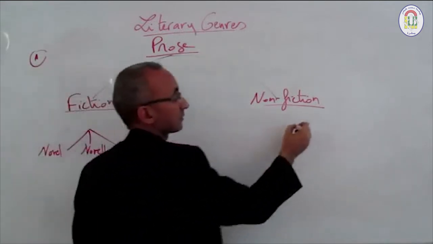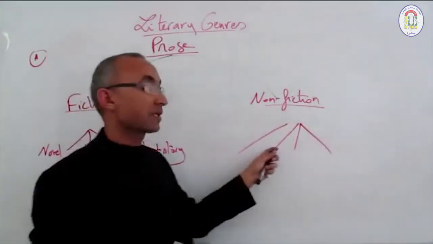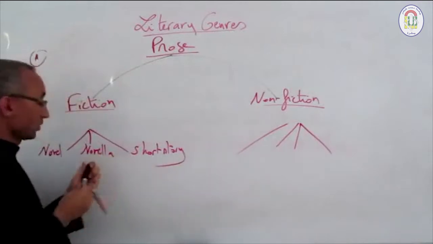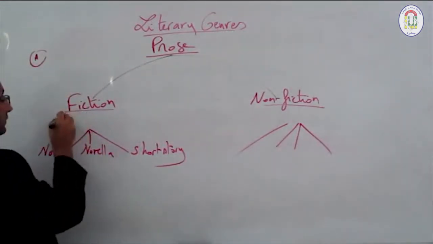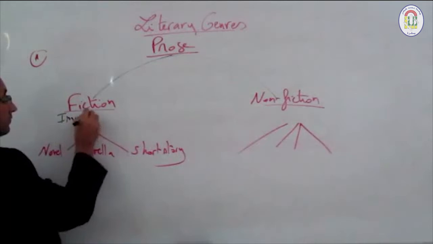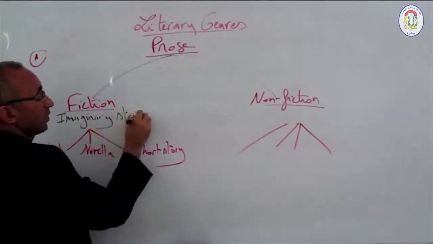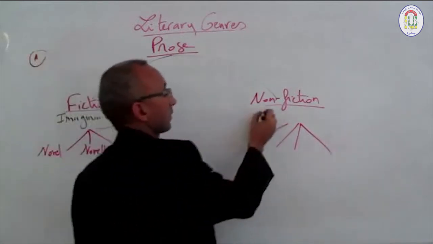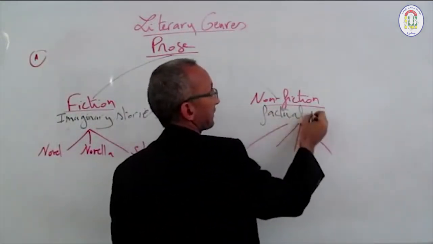Here we have many. We have essays, diaries, memoirs, journals, and so on. Clear. Now this one takes the form of, we said, imaginary stories or narratives, and this one it's factual writing.